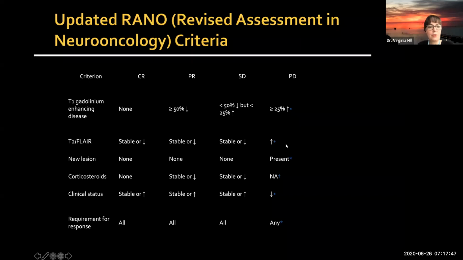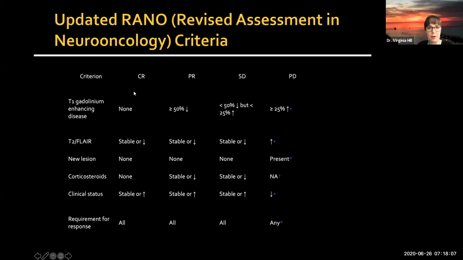If you have increase in T2 and FLAIR signal, that would indicate progression. If there is a new lesion, that would indicate progression. Whether the patient is on corticosteroids or not, for this particular category does not matter. And then if the clinical status is declining, then that would indicate progression.